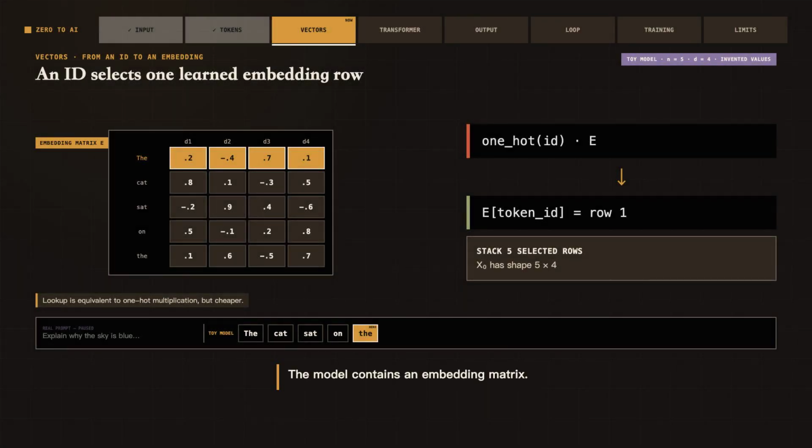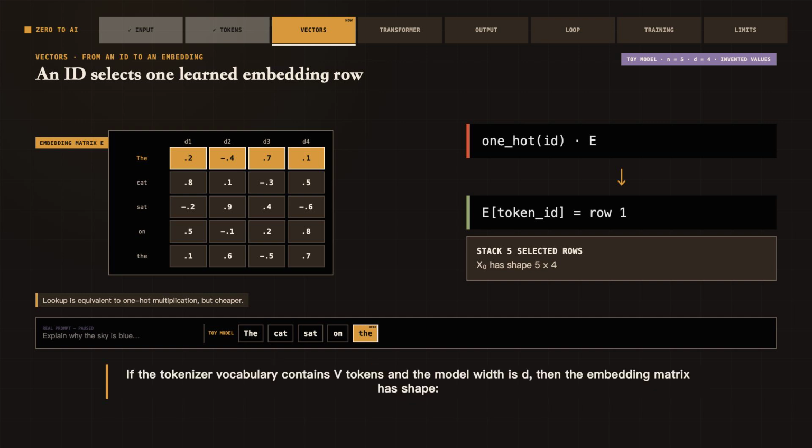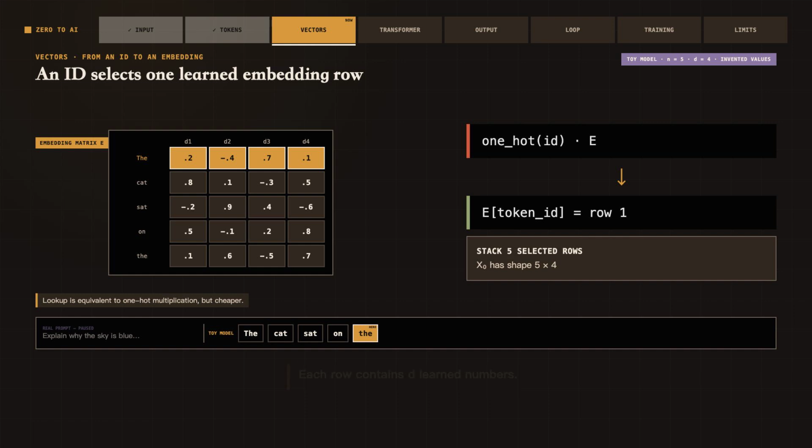The model contains an embedding matrix. Call it E. If the tokenizer vocabulary contains V tokens and the model width is D, then the embedding matrix has shape V by D, the vocabulary size by the model width. There is one row for every token ID. Each row contains D learned numbers.